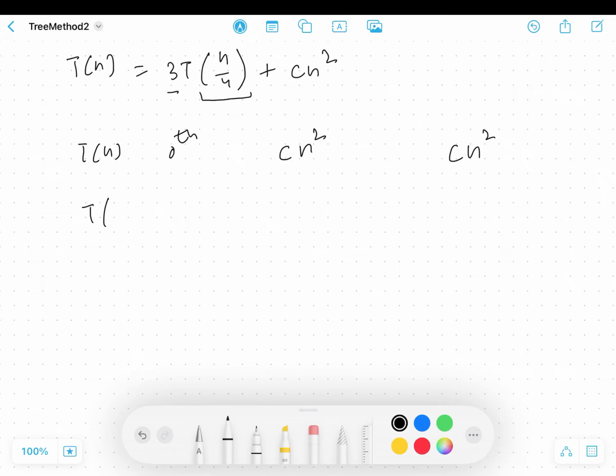Every time we are going to divide the problem by 4, unlike our previous examples where we were dividing the problem in half. Okay, so you have to understand how the problem is being divided. Don't always keep dividing by half. Have a look at the recurrence, how the problem is being divided. Okay, so we do n upon 4.